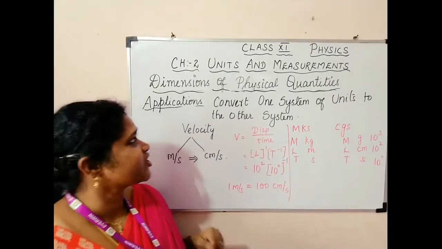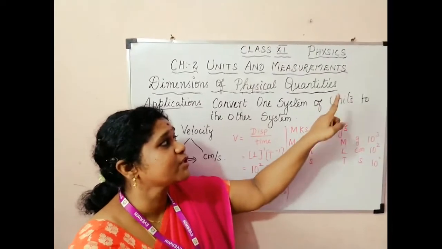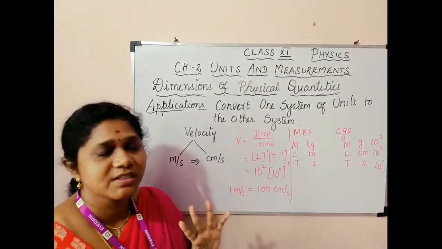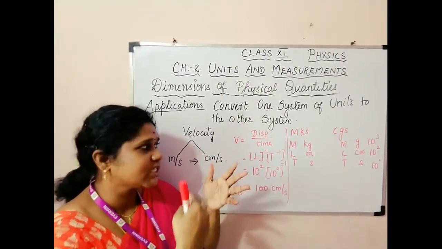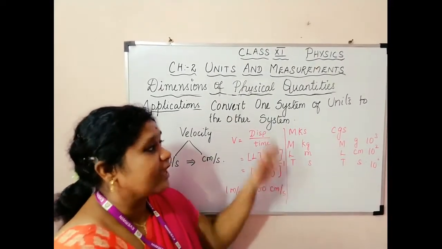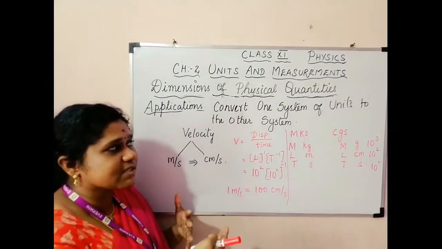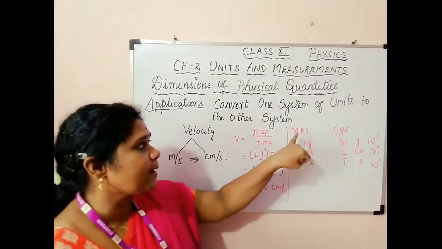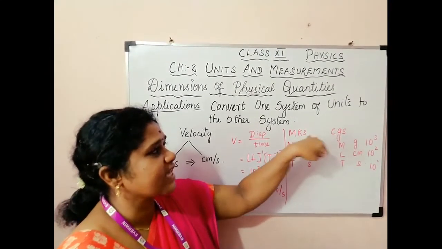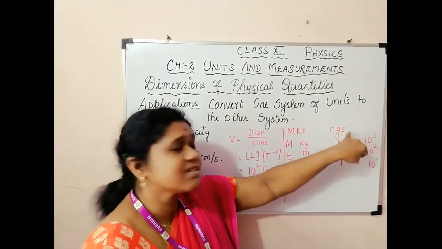The last application is to convert one system of units to another. We have three systems of units: MKS system, CGS system and FPS system. Normally we use the MKS system, which is the SI system: meter, kilogram, second. And CGS system: centimeter, gram, second.